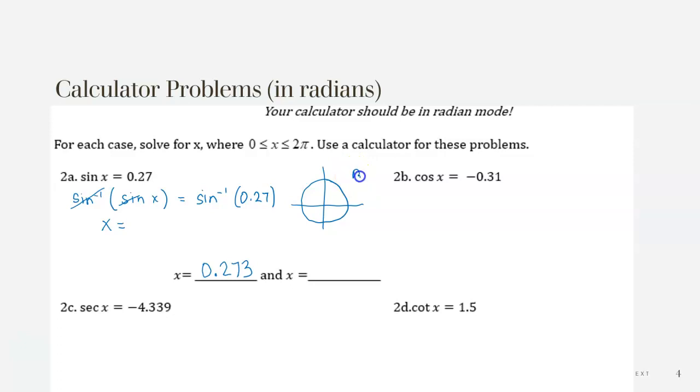Sine is positive in the first quadrant, and sine is positive in the second quadrant as well, because it's all students take calculus. So we're going to do pi minus 0.273 to get the other value.